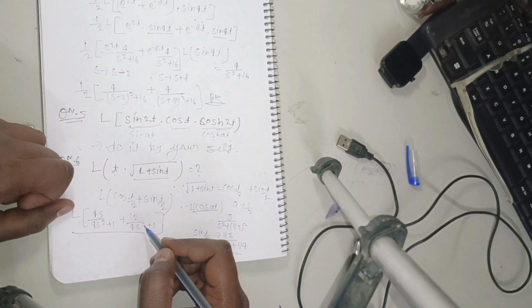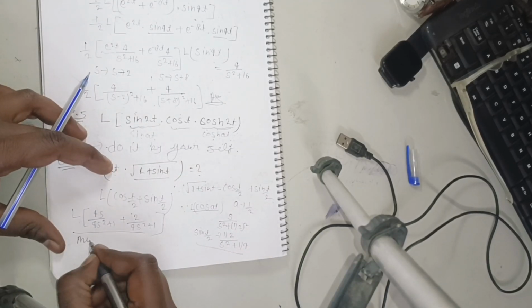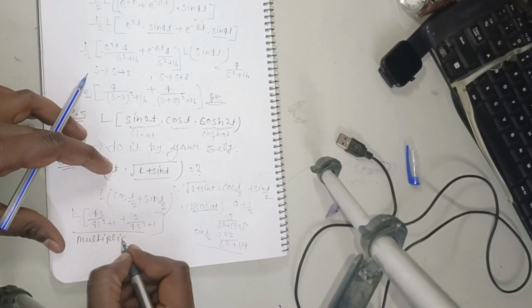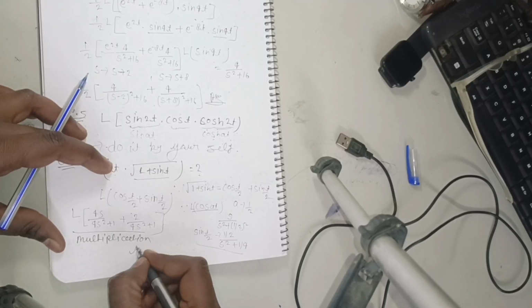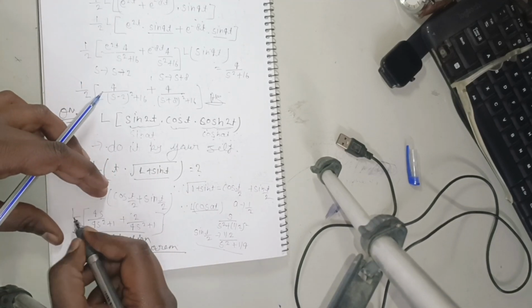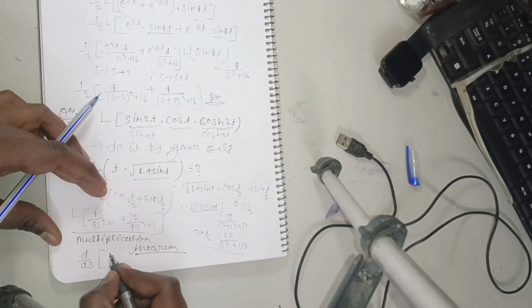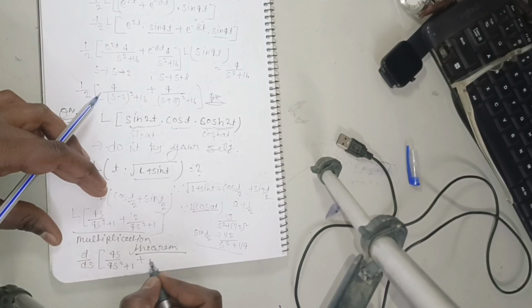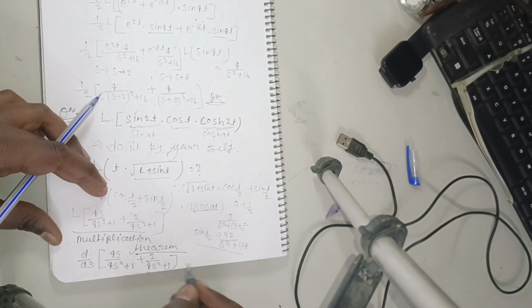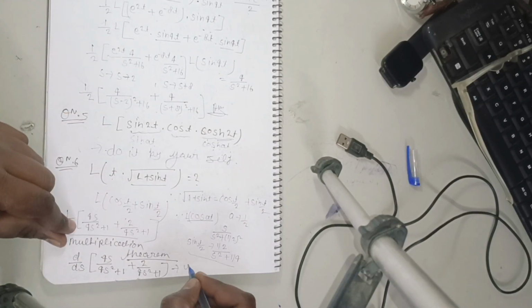And now I'll use the multiplication theorem. So what is the multiplication theorem? Simply, whatever we have, we take minus d upon ds of s upon 4s square plus 1 plus 2 upon 4s square plus 1. Now here we will use the u into v rule.